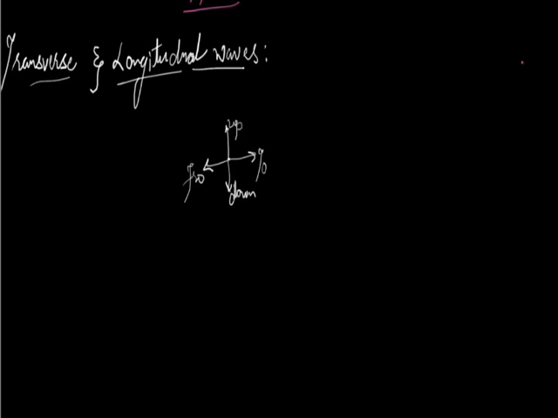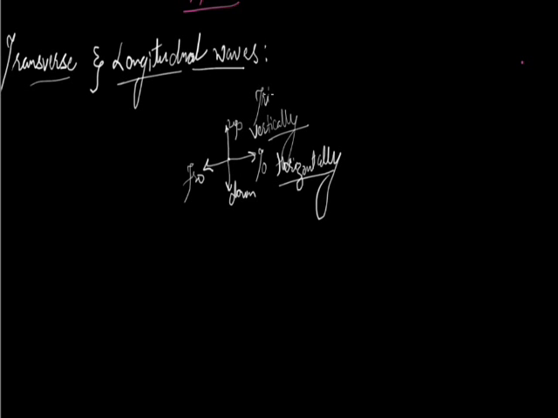When the particle is doing up and down vibrations from its mean position, then these vibrations are called vertical vibrations. And when the particle is moving to and fro from its mean position, then these types of vibrations are known as horizontal vibrations. In the case when the particles are vertically vibrating from its mean position, the waveform formed is known as transverse waves.